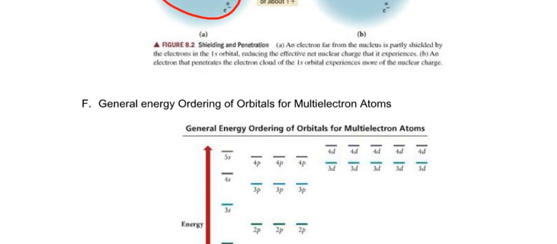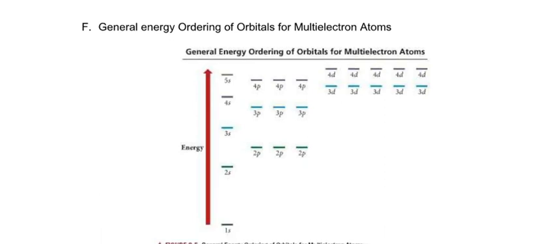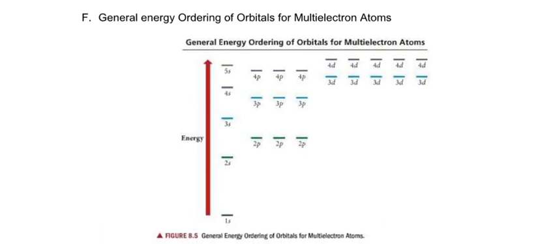And then finally, to start putting this all together, this is actually part of what's called the Aufbau principle. And this is all part of what Schrodinger did for us: the general energy ordering of orbitals for multi-electron atoms. Why did Schrodinger have to even come up with this? If you remember, he came about after the Bohr model did, and Bohr only worked for the hydrogen atom.